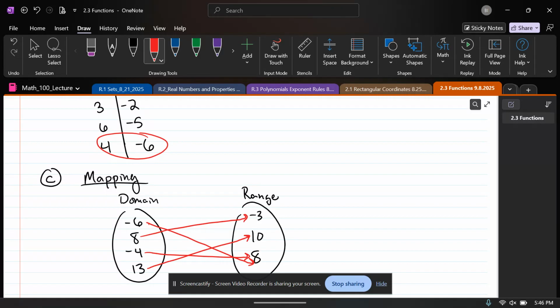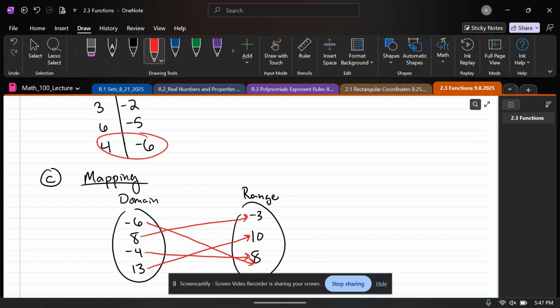And then you look at that and you say, okay, each arrow represents an ordered pair. This ordered pair from the -6 to the 8 is the ordered pair (-6, 8). (8, -3). (-4, 8). (13, 10). So we've got the ordered pairs. They're just in a different format. Same song, different verse. Maybe a key change.